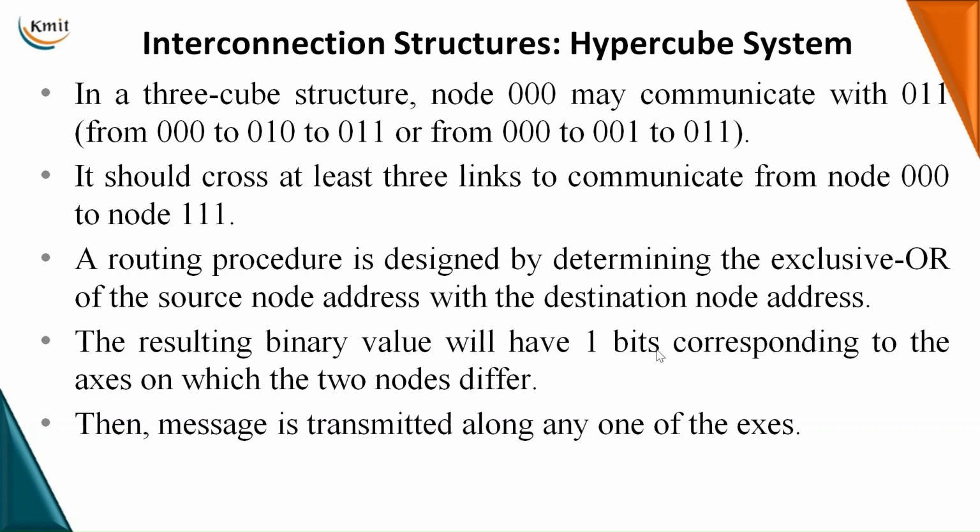In a 3-cube structure, a routing procedure is designed by determining the exclusive OR of the source node address with the destination node address. The resulting binary value will have 1 bits corresponding to the axes on which the two nodes differ, so the message will be transmitted along those axes.